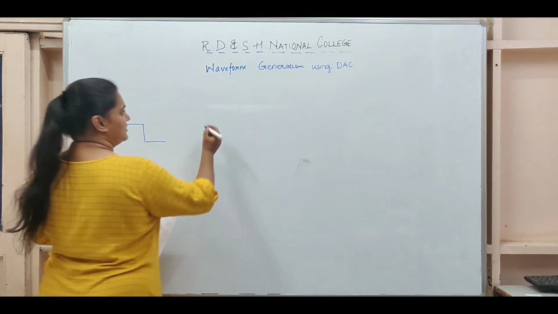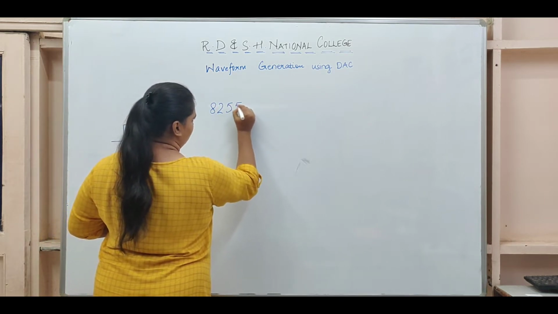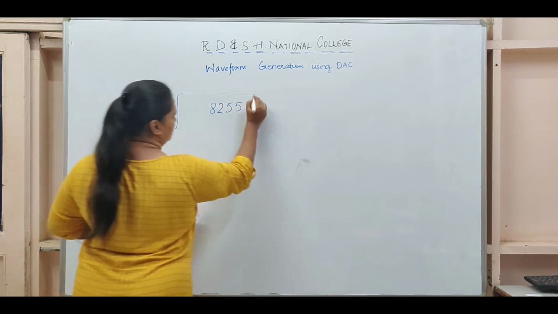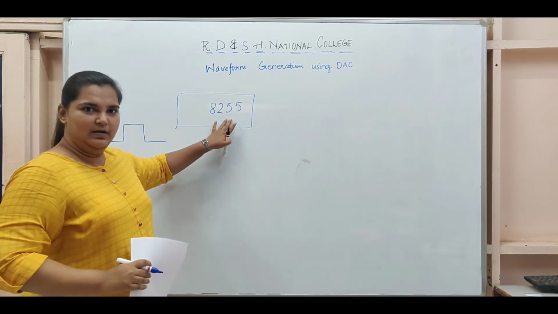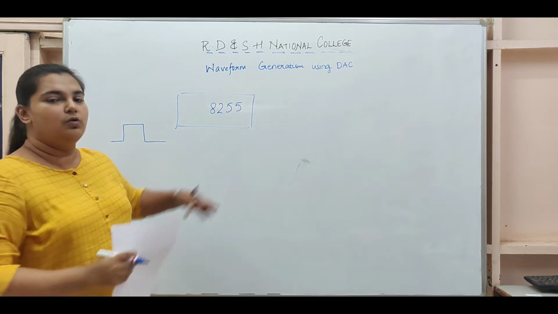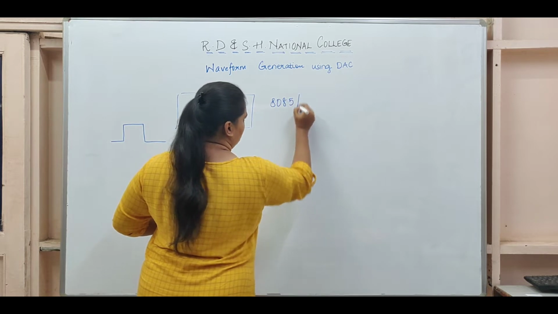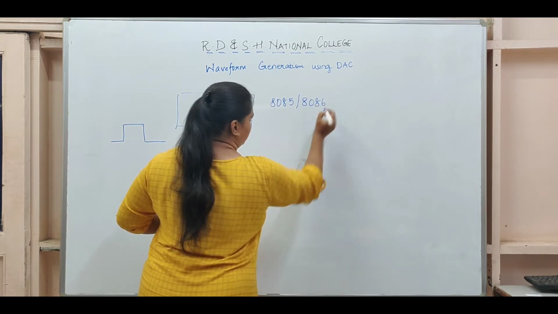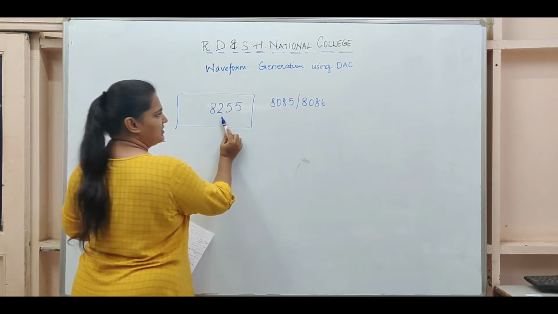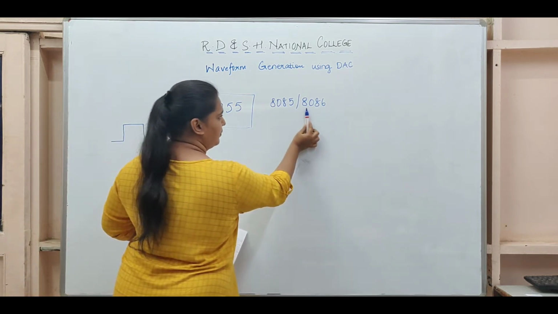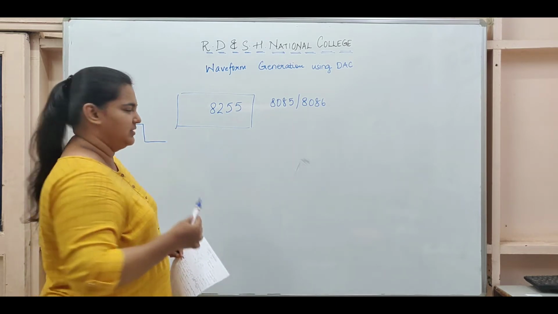In our case, this IC will be the 8255. It is developed by Intel to work along with Intel's processors, the 8085 and 8086, which do not have I/O ports.